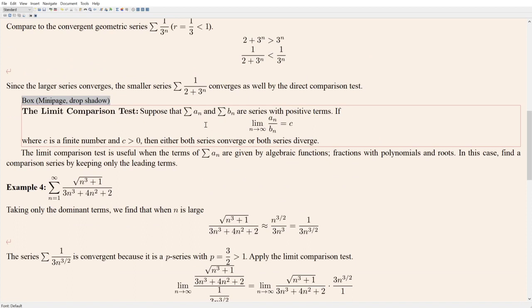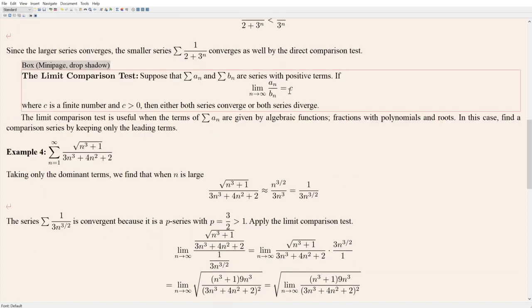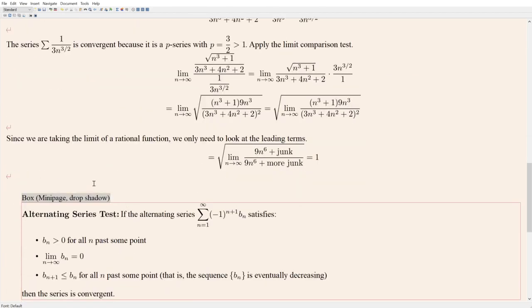Okay, so we are doing the limit comparison test. We got that the limit is 1. That is a finite number, and it is non-zero. So that means the series we have and the series we're comparing it to have the same behavior.